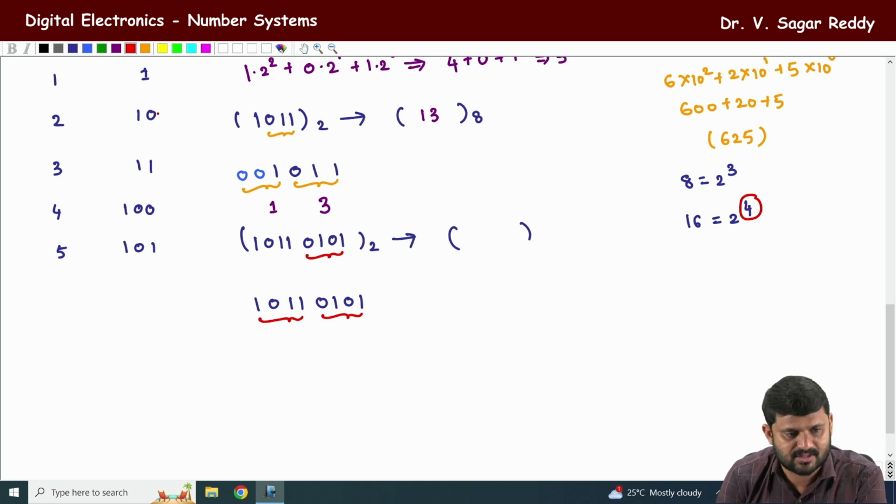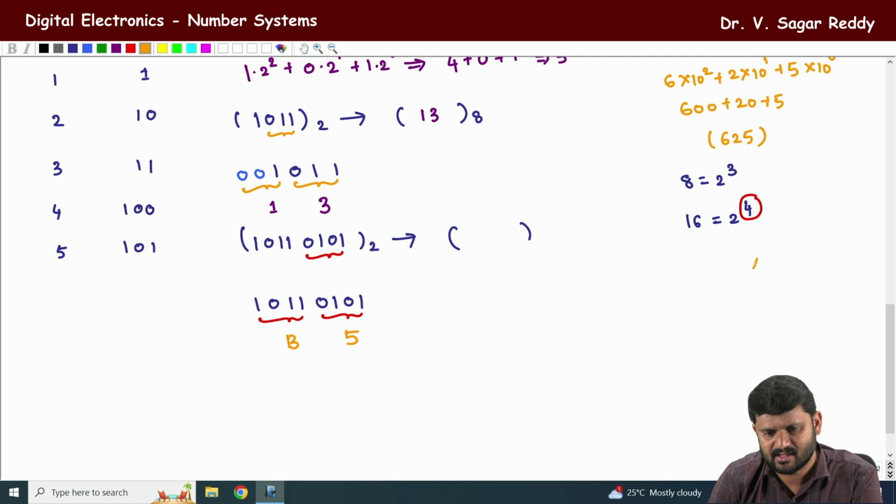Now 0101. What is the decimal equivalent for this binary number? 1, 2, 4, so this is 5. Here 1, 2, 4, 8, this is 11. 11 is nothing but B. In hexadecimal, A is 10, B 11, C 12, D 13, E 14, F 15.